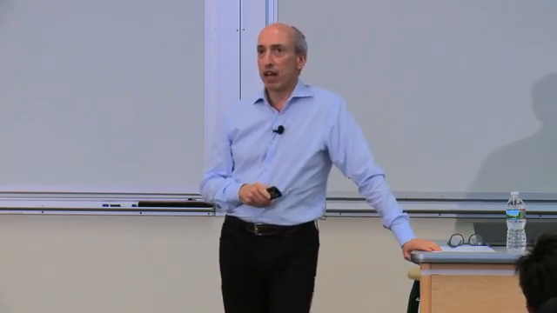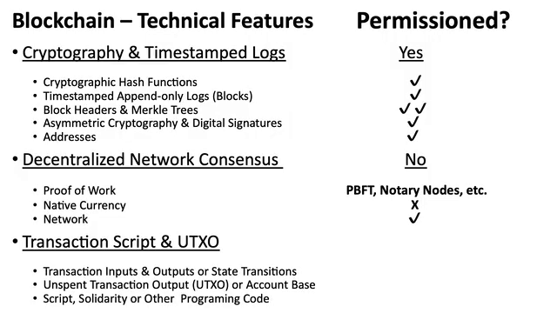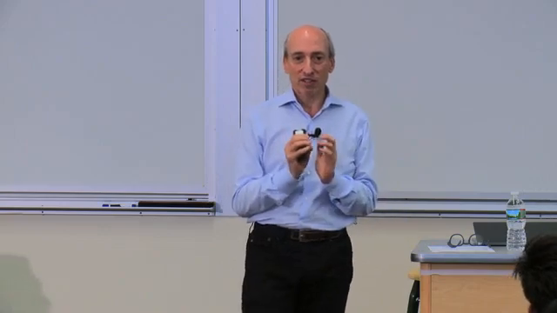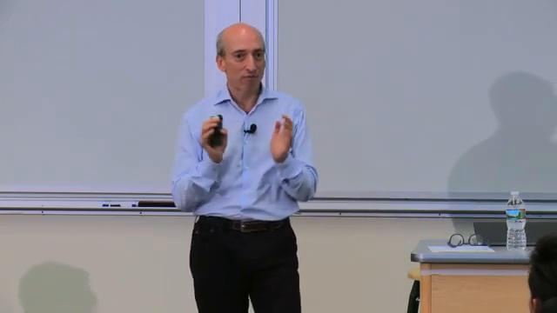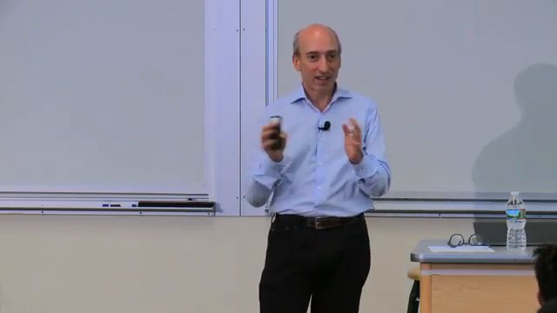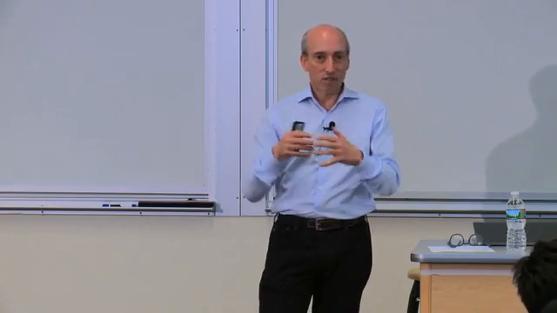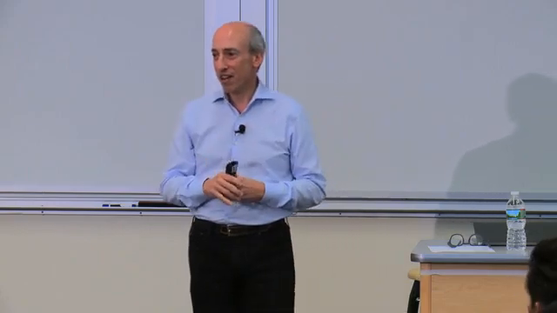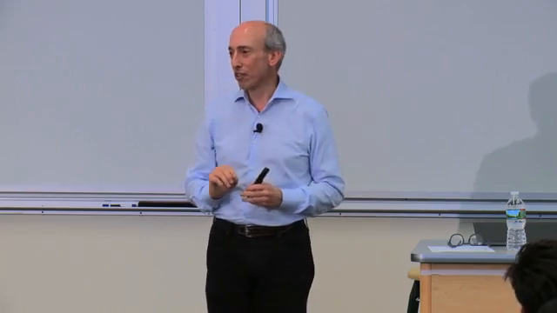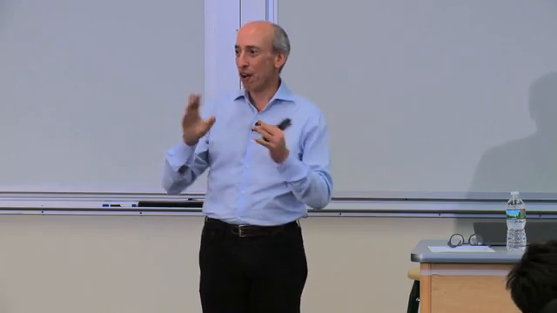But as Emily said, there's really not decentralized network consensus. I'm stretching it a little bit because permission systems can be decentralized. There could be 5 or 10 or 20 nodes, and so that is decentralized. So I shouldn't have really said no. I should have said maybe or hybrid.